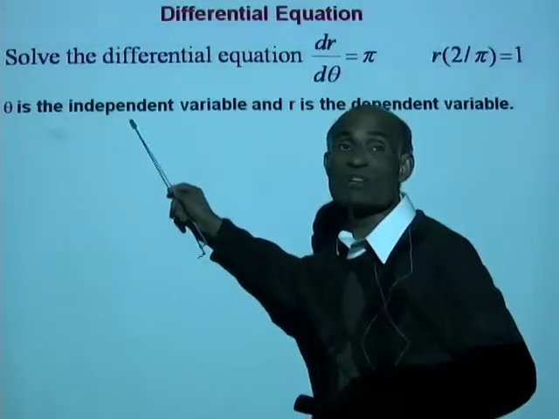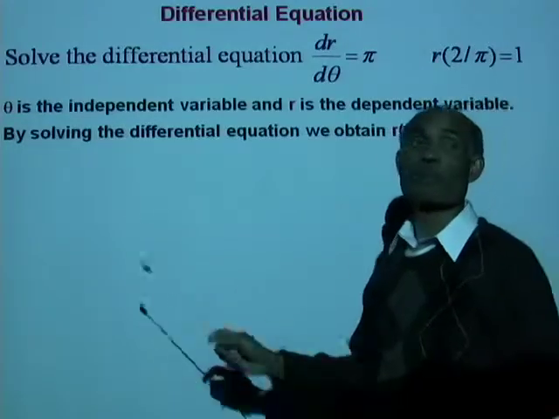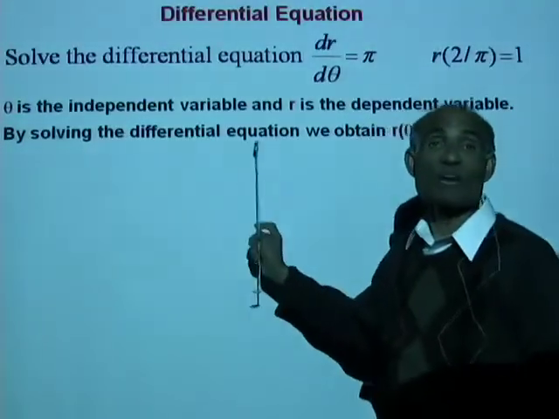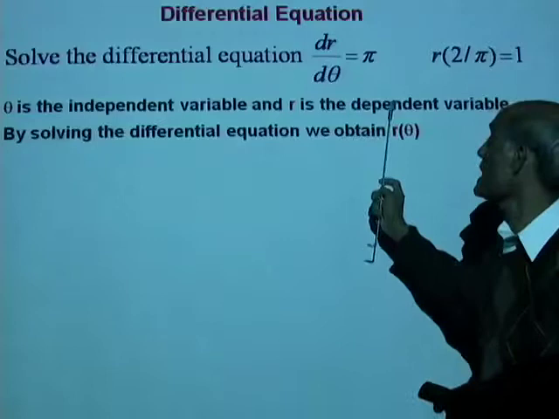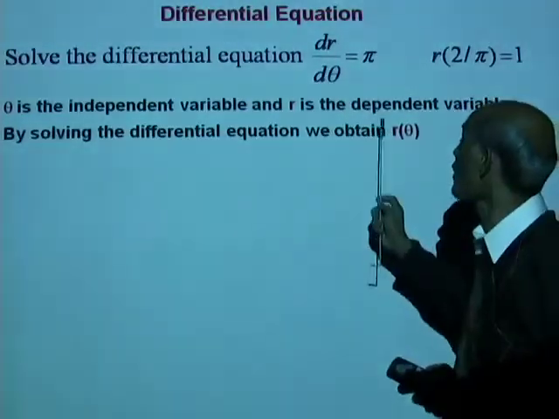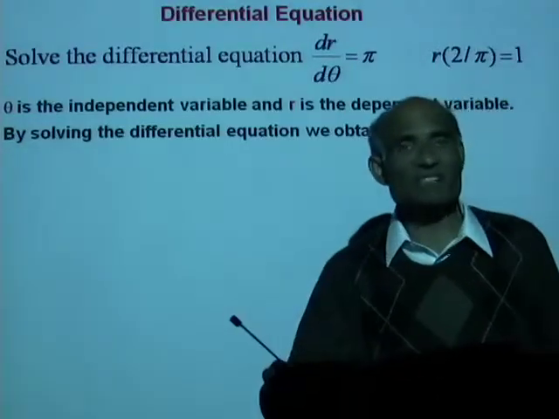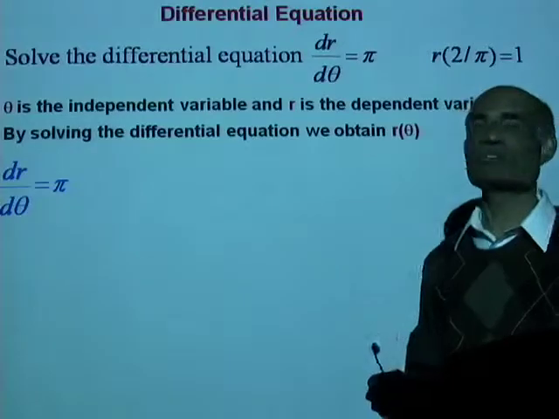Theta here is the independent variable and r is the dependent variable. By solving the differential equation, we need to obtain a function r of theta. We need to solve for r as a function of theta. That is the task of solving a differential equation.